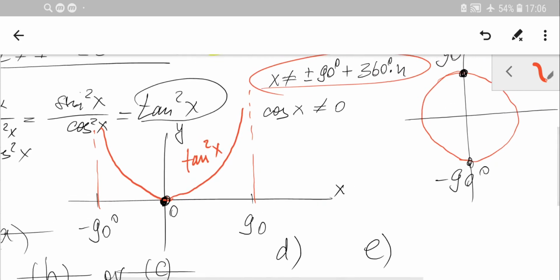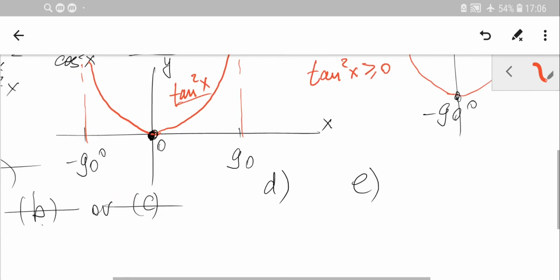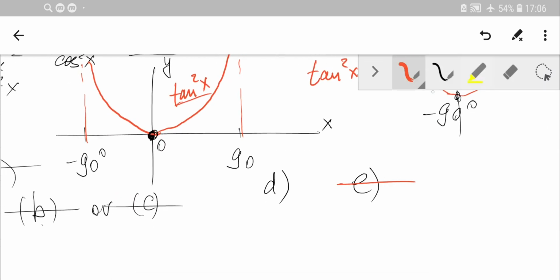So what happens next after 90 degrees? You have tangent squared, and tangent squared is always positive or at least 0. So that's why option E is also cancelled. You don't need to be able to graph the full version of the graph. Just think analytically and work with elimination methods. In this case, you can work faster.